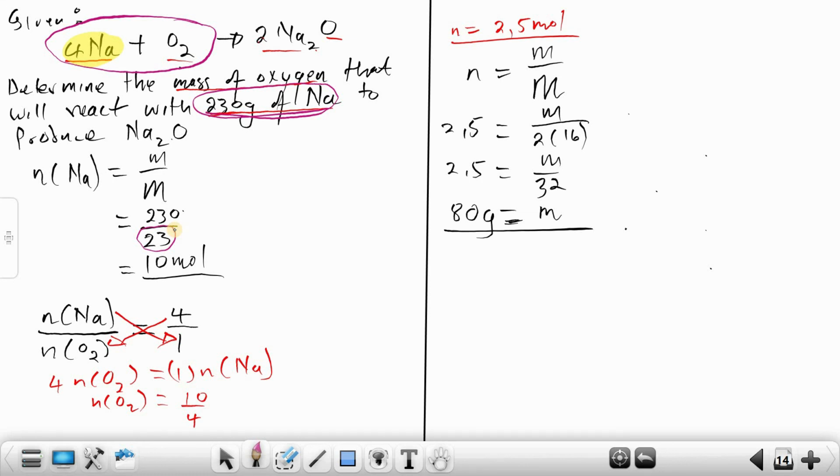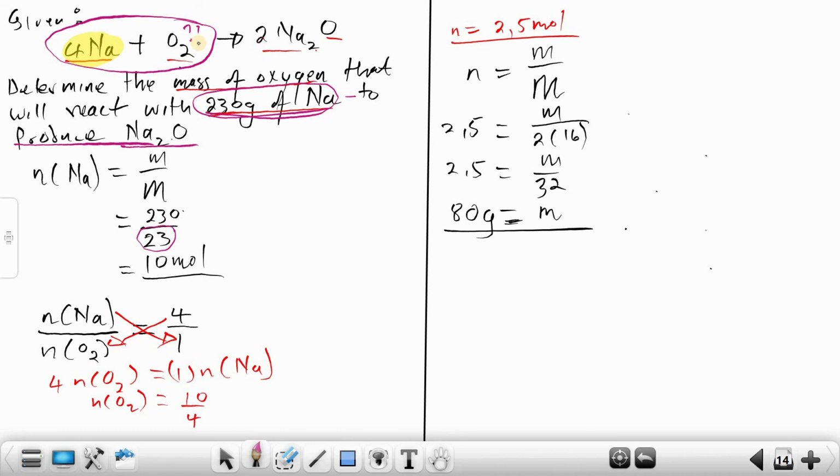What is given to us is 230 grams of sodium, not of sodium oxide, no, to produce this. Before the production of sodium oxide, we want to know how much of this we need.